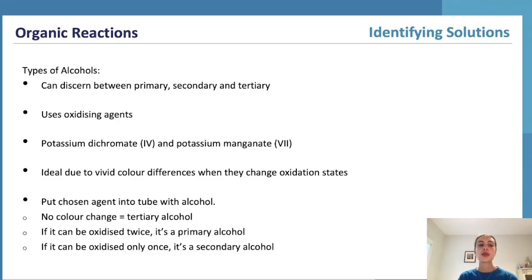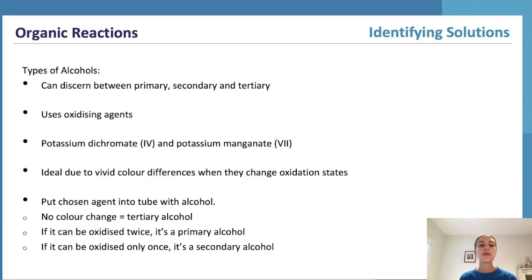The next thing we can do is use our primary, secondary, and tertiary alcohol oxidation to determine which type of alcohol we have. If we have 3 unknown alcohols, we can use potassium dichromate or potassium manganate, which each have different colors when they change oxidation states.